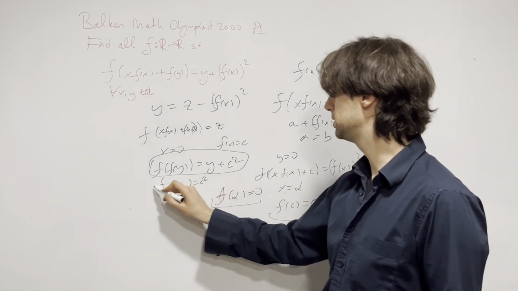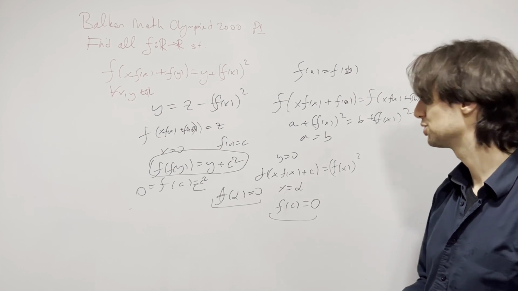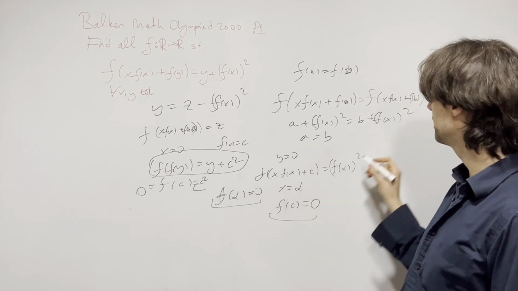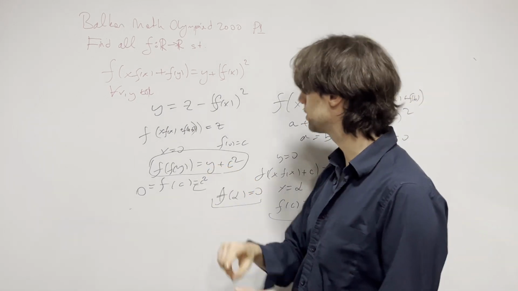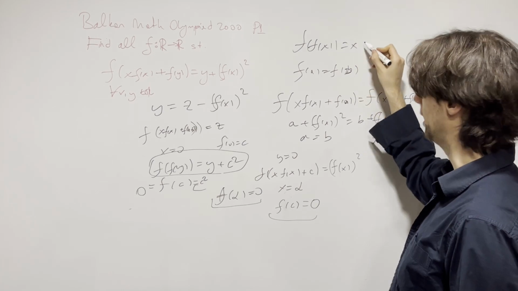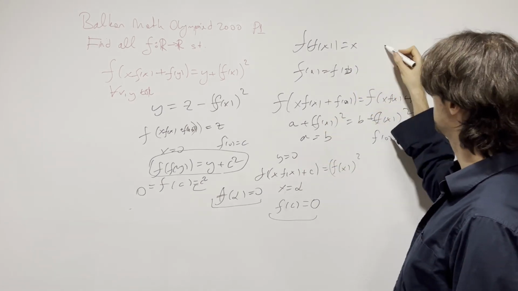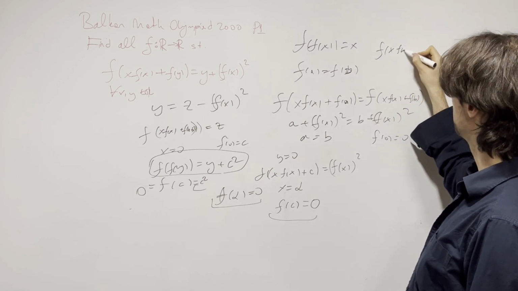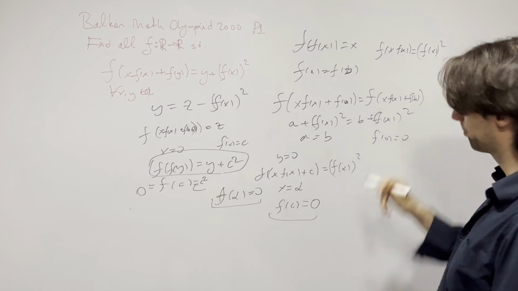That means that f of c is also equal to 0, but it's c squared. So c squared is 0. In other words, f of 0 is equal to 0. And now this thing translates as f of x is equal to x for every single x. And this thing translates as f of x is equal to f of x squared.